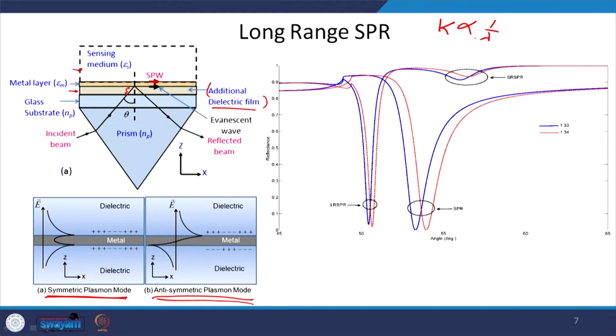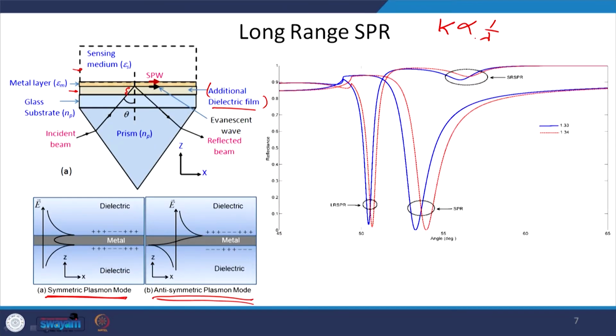When you have a symmetric mode, it will have enhanced electromagnetic field at the interface. So, the wave vectors are adding in phase. So, you will have a larger wave vector than the SPR for the symmetric case. Antisymmetric case, you will have a smaller wave vector. So, K is proportional to 1 by lambda, the wave vector.